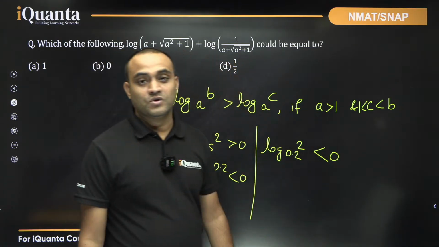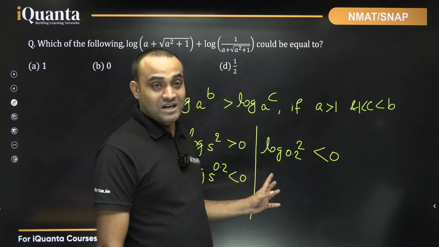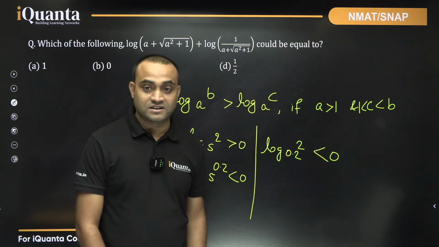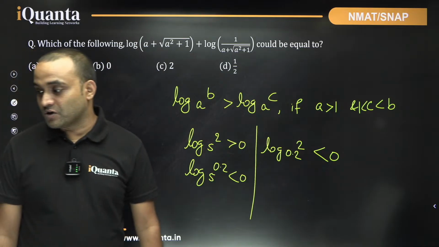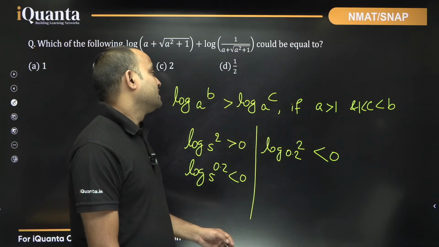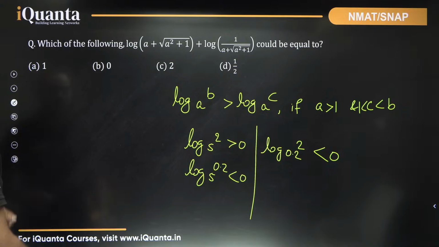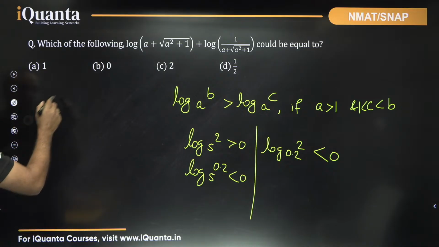If you are struggling with this, then this could be a problem. Yes, the nature of the graph of log. If you understand the graph easily, then it should be very easy for you.